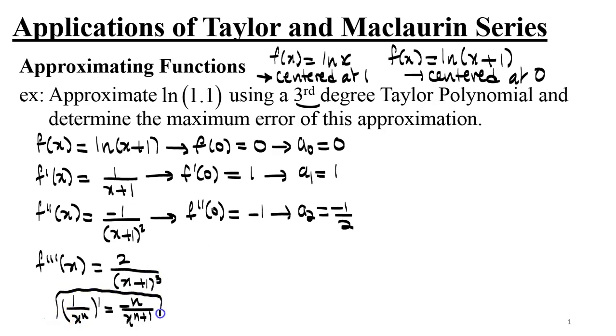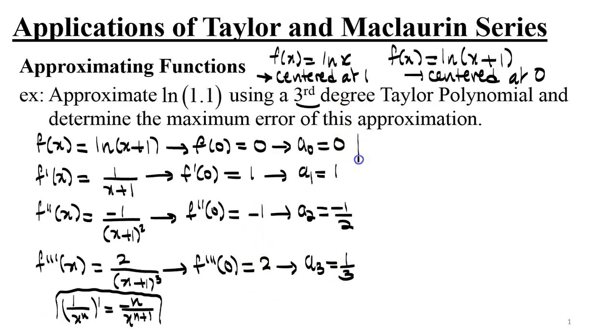So let me just separate this rule. Okay, so the third derivative at 0 would actually give you 2 over 1 cubed, which is 2. So the fourth coefficient, which is a3, is 2 over 3 factorial, which is 2 over 6, which is 1/3.